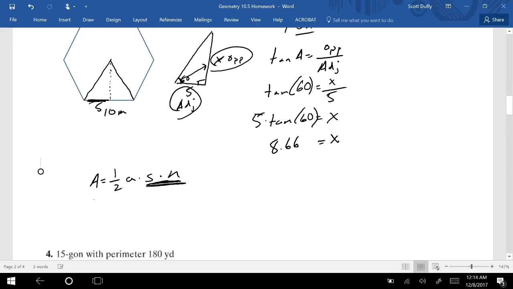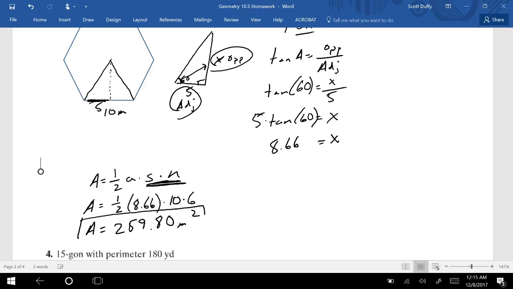So area equals 1/2 times 8.66 times 10 times 6. And I got an area of 259.80 square meters. And that is 59.